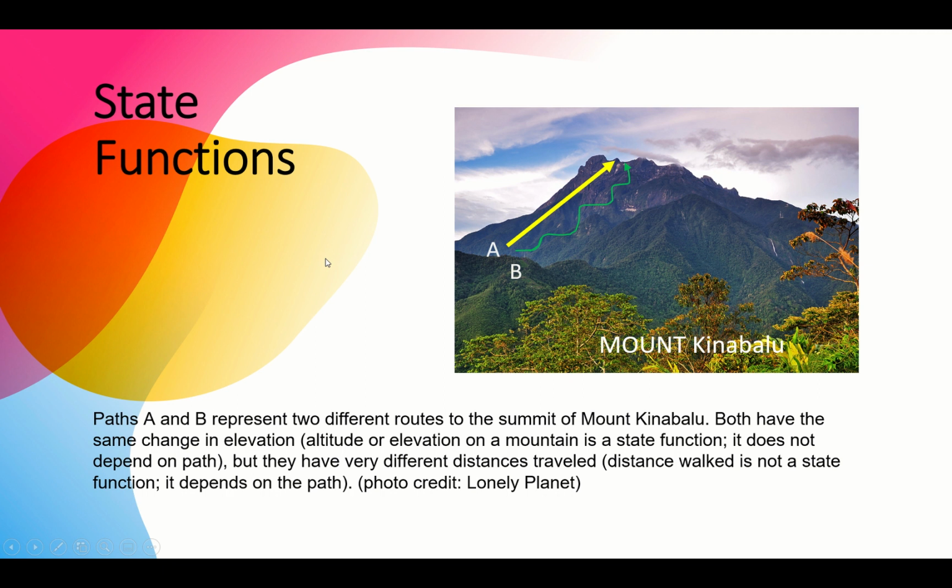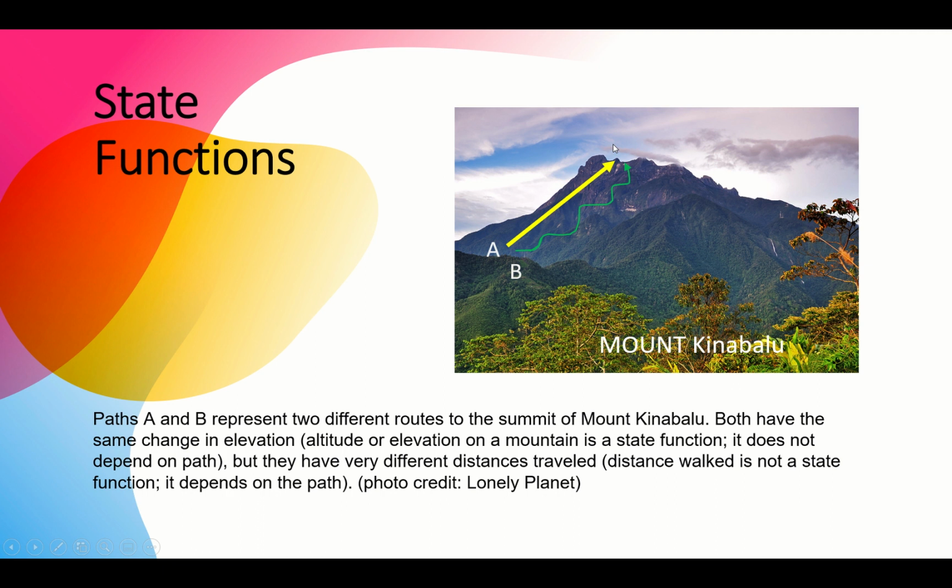At one point we talk about the state functions, and state functions are actually the opposite of path functions. A state function is independent of path. That means what is concerned is only the initial state and the final state. Here you have two paths to reach Mount Kinabalu.